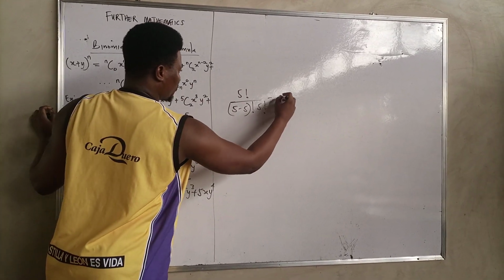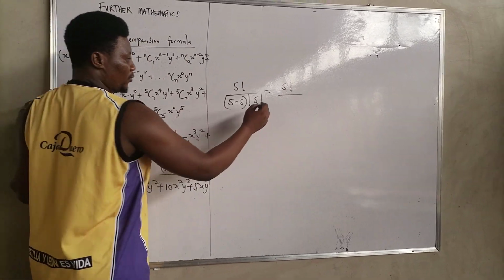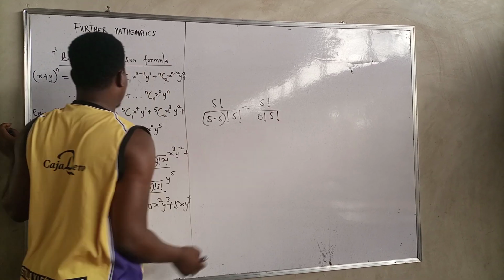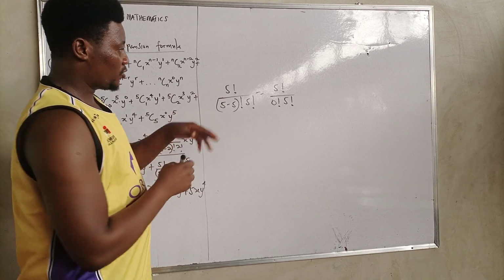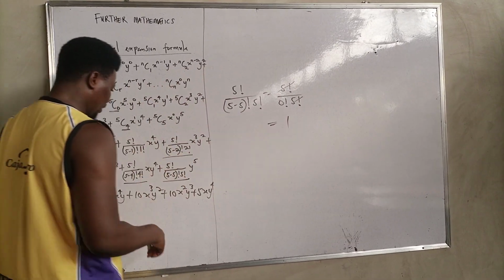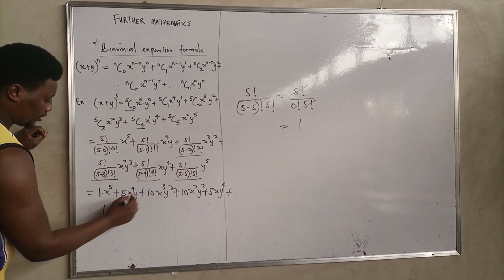So that gives 5 factorial, 5 minus 5 factorial, we have 0 factorial, then also 5 factorial. I told you earlier that 0 factorial is 1. So meaning 5 factorial cancels with 5 factorial. So we have 1 there. So we have plus 1. What about the coefficient?